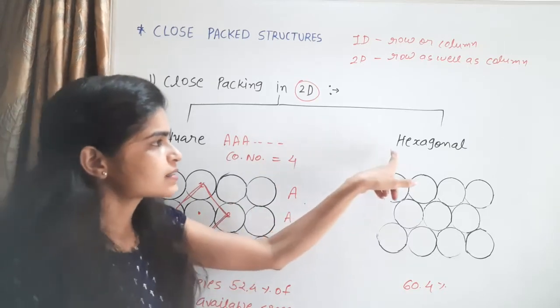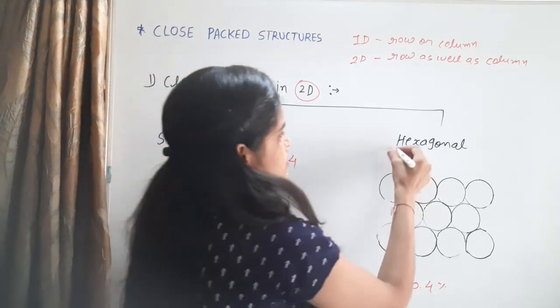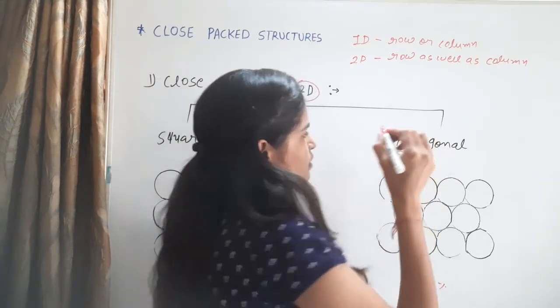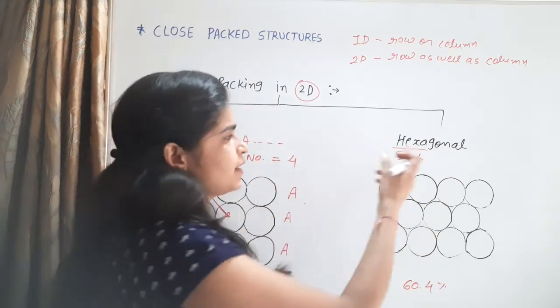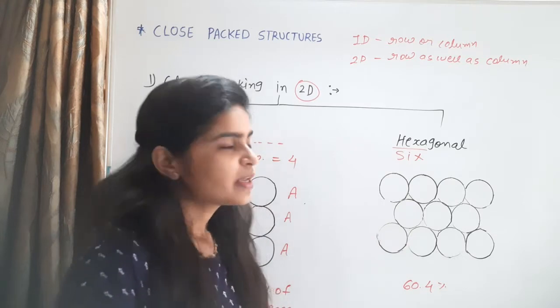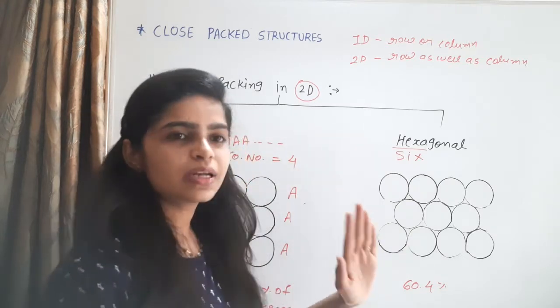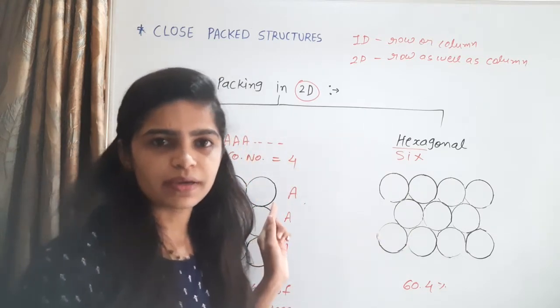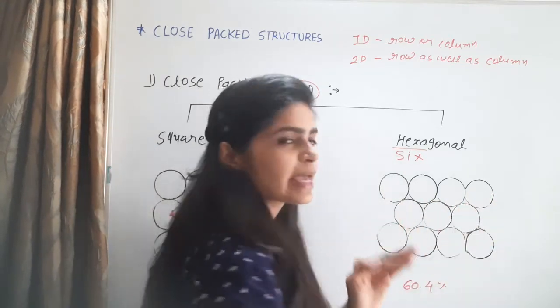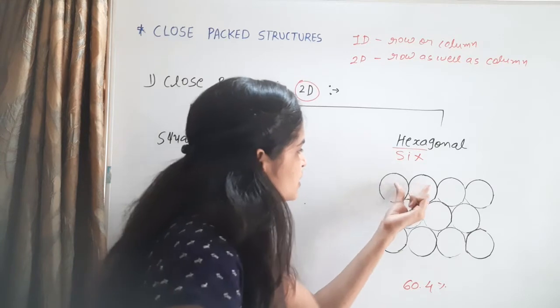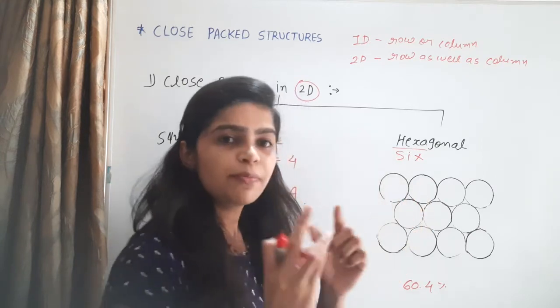Next, hexagonal. Hexa means 6, gonal means side. So square means 4 and hexagonal 6. In this arrangement, the first layer is the same as the square layer. Then the second layer is placed in the gaps between the atoms of the first layer.